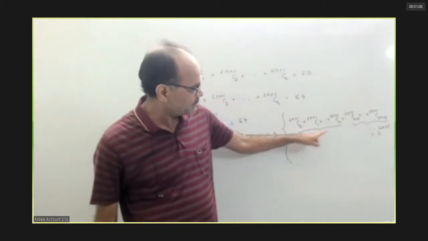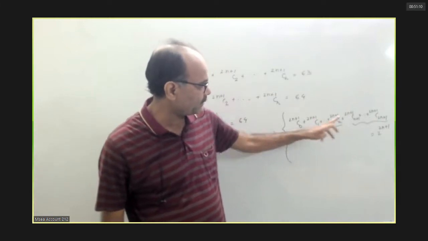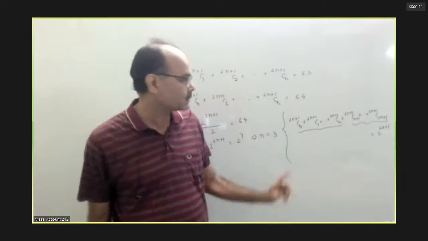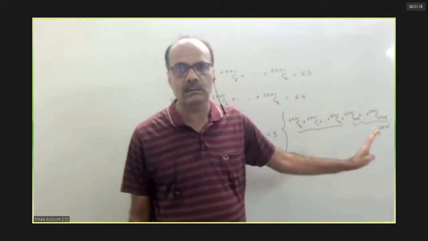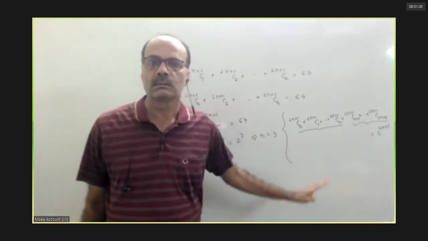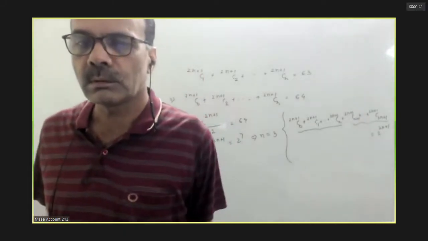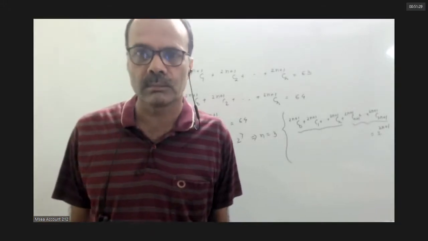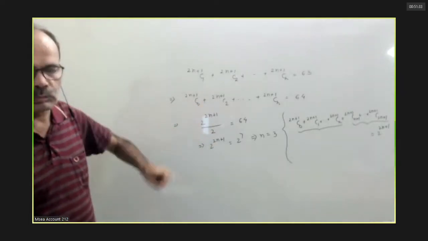The first n plus 1 binomial coefficients and the last n plus 1 binomial coefficients: first term equals last term, second term equals second last term, like that. So the sum of the first half will be equal to the sum of the last half. That's why this is divided by 2.